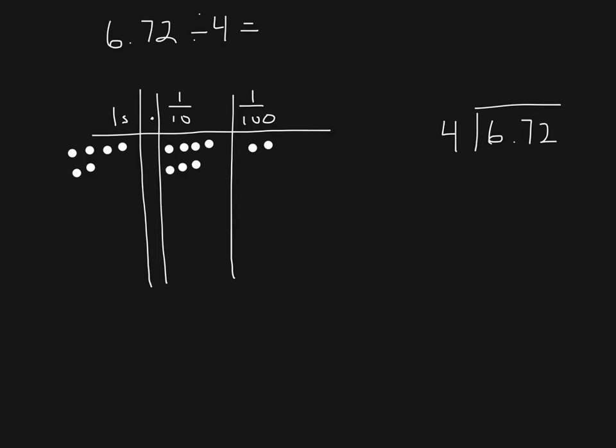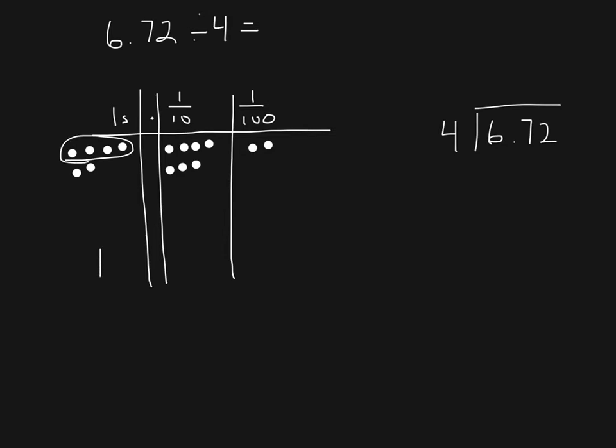And as I work through this problem, I'm going to do the place value chart and the standard algorithm simultaneously. So the first thing I'm going to do is take a look at the ones place because it's the largest place, and I'm going to see how many groups of 4 I can get out of 6.